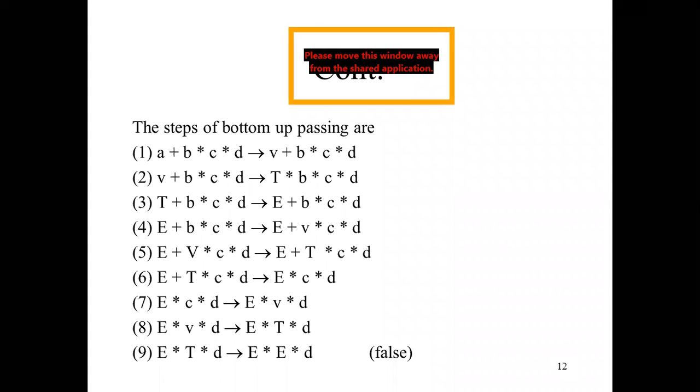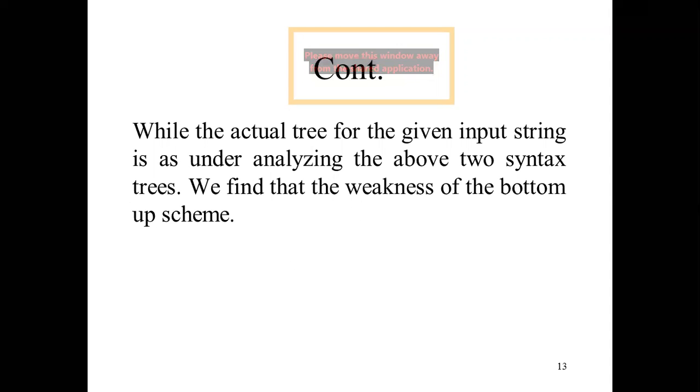Otherwise it will be called ambiguous grammar. So here we are unable to achieve the result. So this grammar is again ambiguous grammar, that is the faulty grammar. So in this case we will achieve two trees.